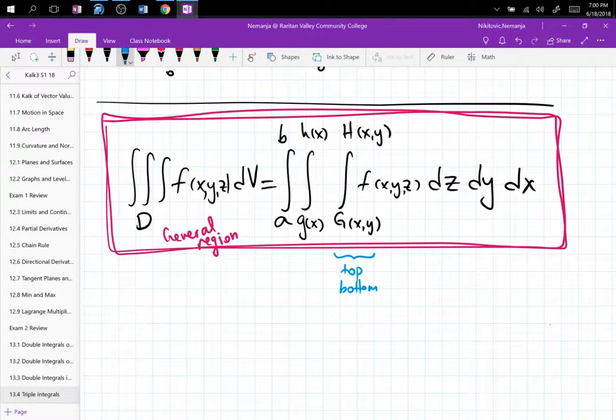If you lift it higher, it becomes z equals 1. The top could be something rounded, like a paraboloid, z equals 16 minus x squared minus y squared. So that will be the top. It could be a parabola on the bottom, a parabola on the top.